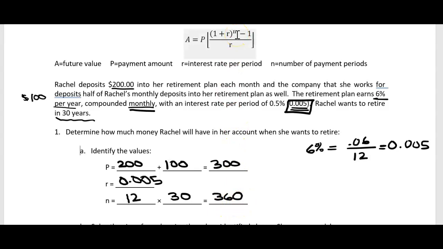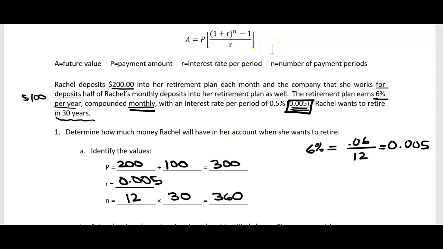Then press equals to get an answer. Then subtract 1 off of that. Then press equals again and divide it by the interest rate again. Press equals and then multiply by P, which is our 300, and then press equals again.